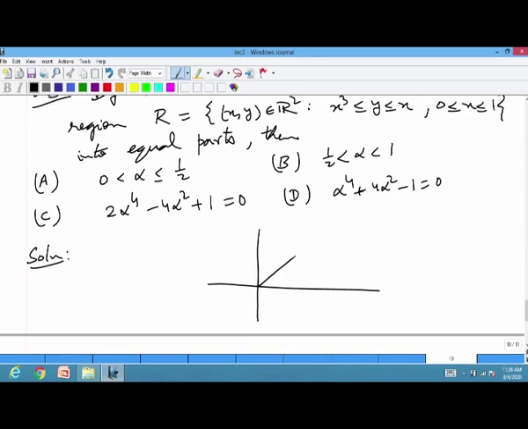So, we have y equal to x and y equal to x cube, which looks like this. This is x equal to 0 and x equal to 1. So, this is the region R.